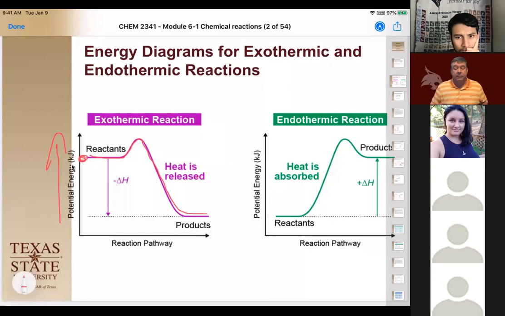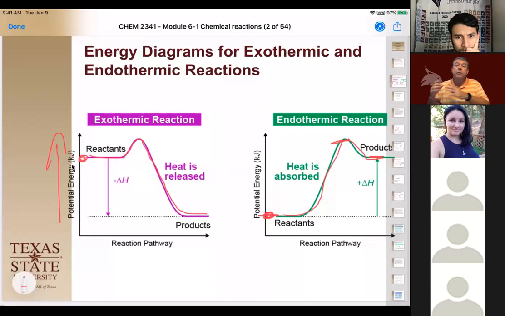Now, the opposite of that would be if your starting materials have very little potential energy, and you have to add energy to the system to get it to go through that change. So we're trying to break some bonds, and we have to add a lot of energy to break those bonds. But then the new bonds that form actually have a greater potential energy than the starting materials did, and therefore it absorbed heat from the system.